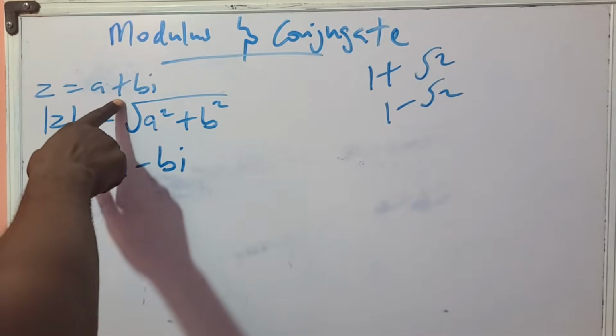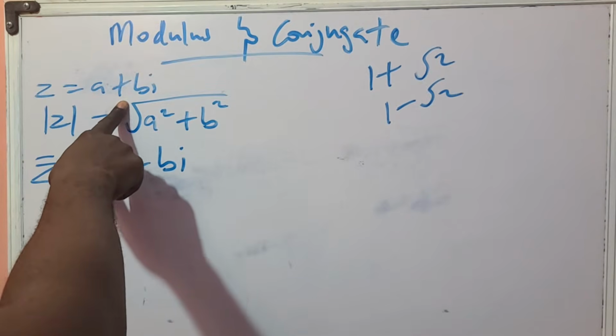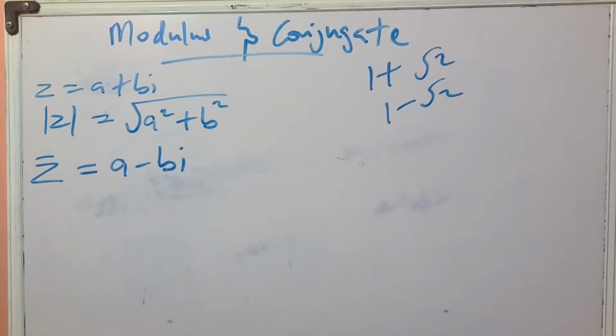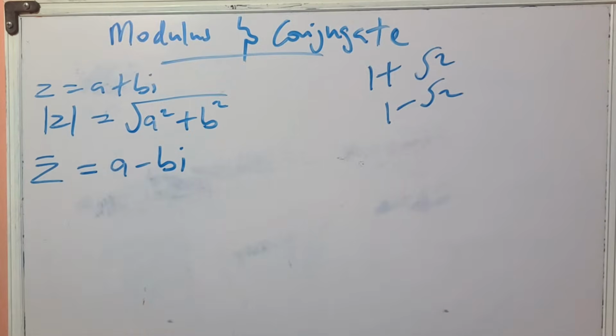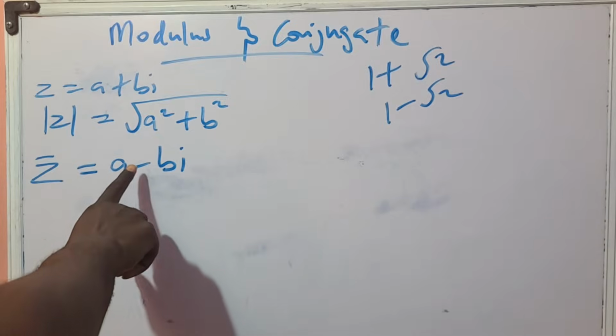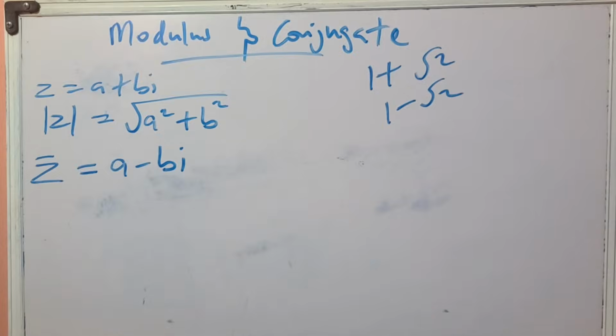Look at what I did here. I changed the sign for the imaginary part. The sign for the real part remained. It was only the imaginary part that the sign got changed. So please, no matter how you were given, make sure all you are going to change is the sign of the imaginary part and nothing else.